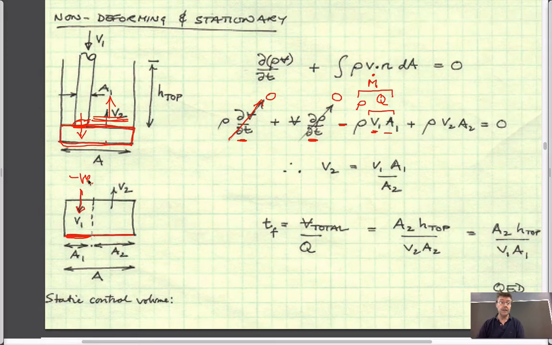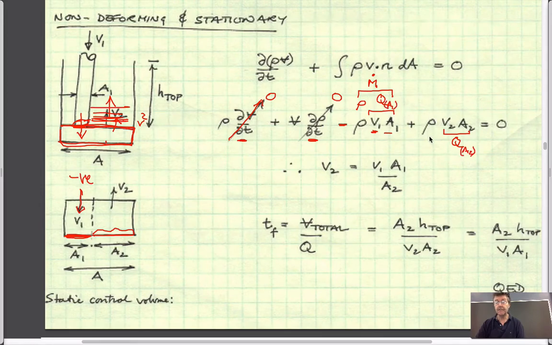If we look at the surface which is rising out of here, it's rising up at some velocity v2. It covers an area which is this area here, A2. And so this is Q out of this area A2. This is Q out of this area A1, not multiplied by, just, if you like, a subscript.